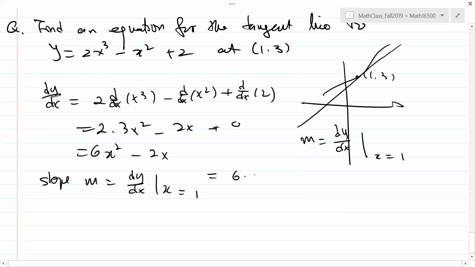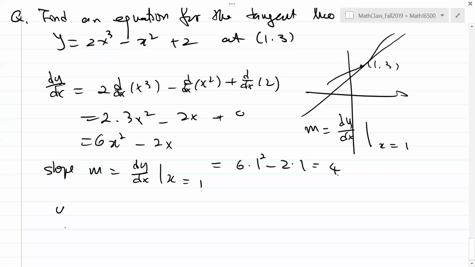That is 6 times 1 squared minus 2 times 1, which is 4. It's positive. Once you get the slope of the tangent line, you can get the equation for it. Any equation, because the form is not unique. So y minus 3 equals m times (x minus 1).